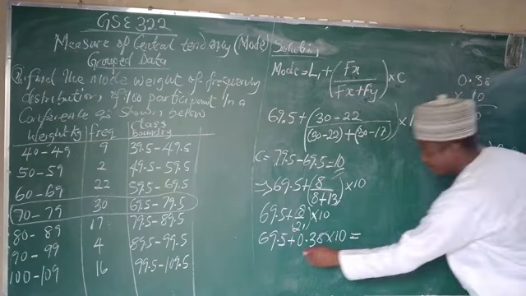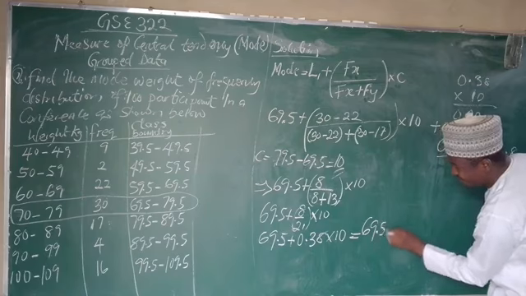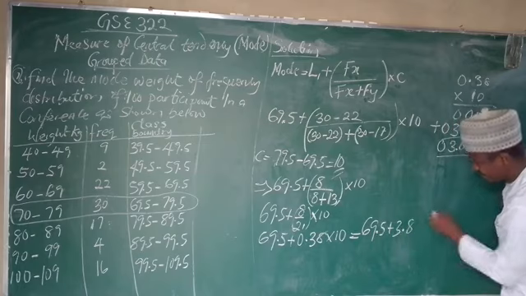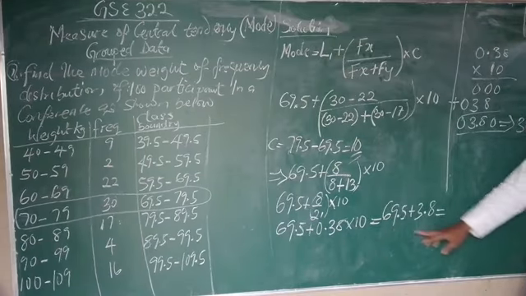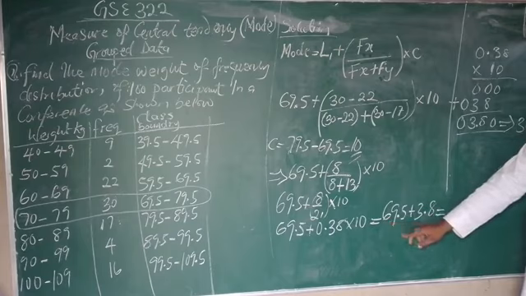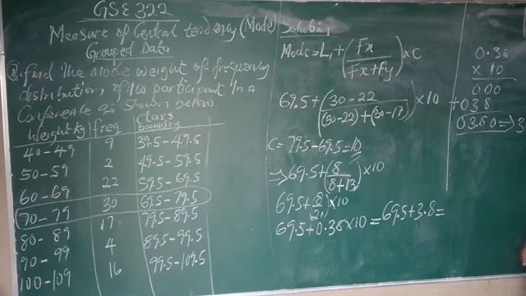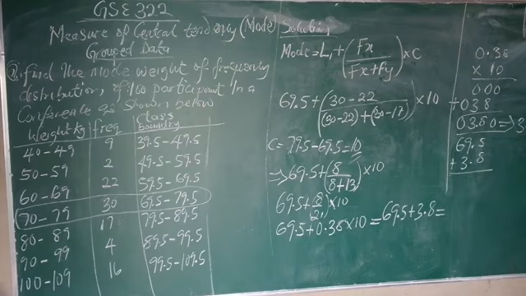Therefore, we now have 69.5 plus 3.8. So let's do it here. 69.5 plus 3.8. 5 plus 8 is going to give us 13.